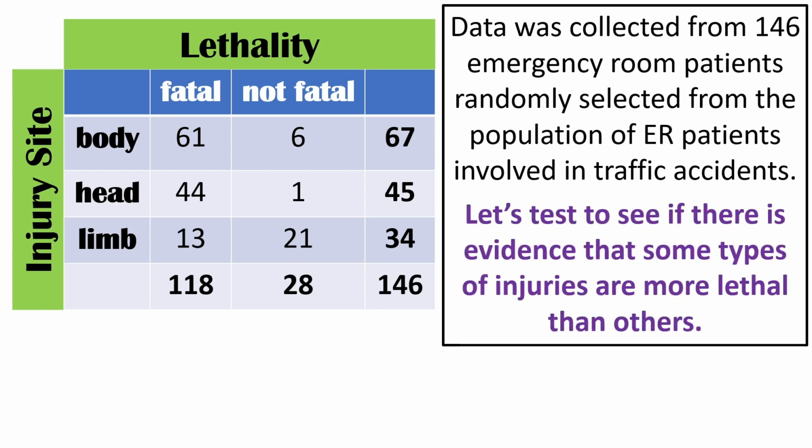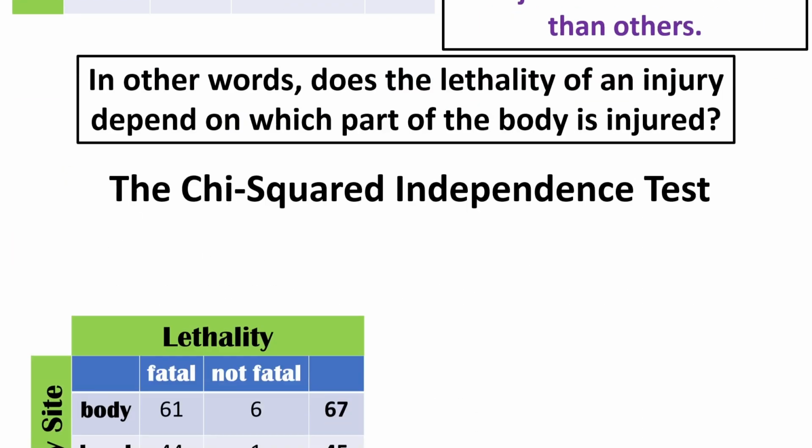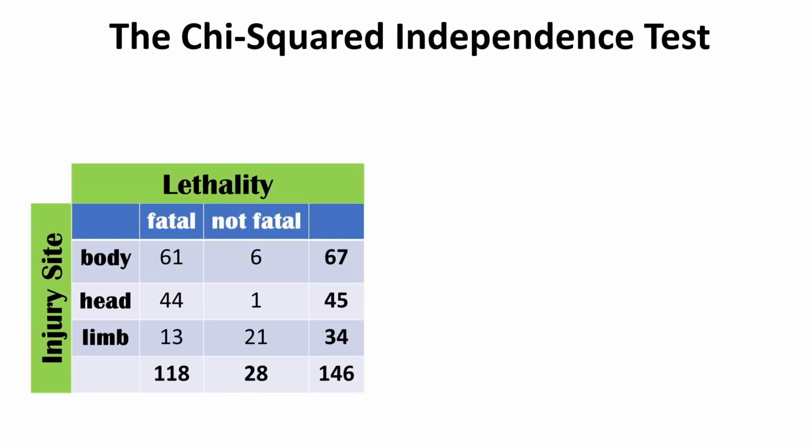So let's test to see if there is evidence that some types of injuries are more lethal than other kinds. In other words, we're going to test to see if lethality and location are dependent or independent. So this is a chi-squared independence test.